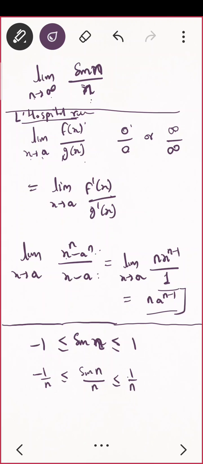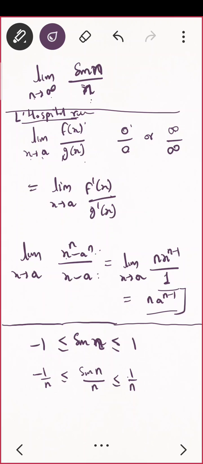Have I proved something? Can I apply the sandwich theorem here? Sin n by n is squeezed between two sequences where both the sequences converge to something. What about 1 by n? 1 by n converges to 0, and -1 by n, forget about the minus, take the minus outside, 1 by n, again that is 0.